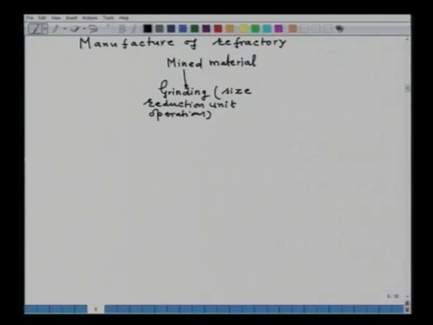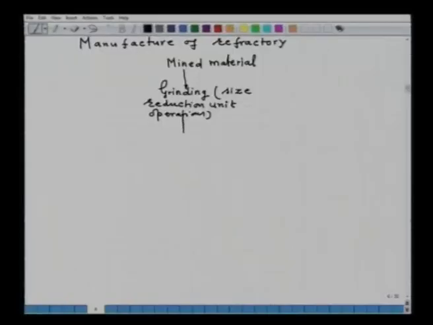So, we have the ground material, it is screened, I am avoiding that stage. The required material is taken and then it is subjected to heat and calcination.